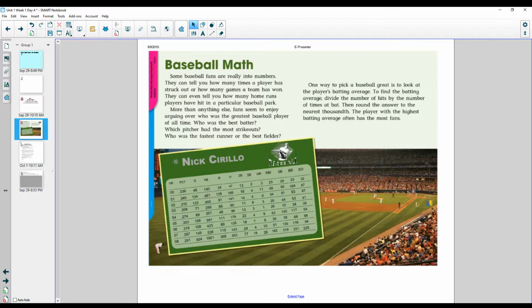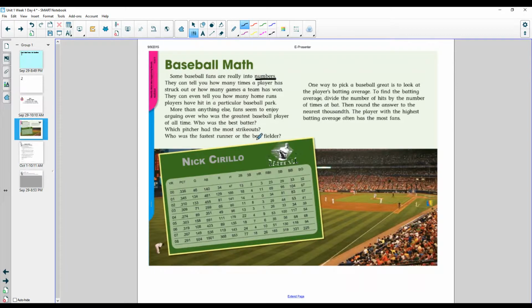All right, let's see if looking at this card and reading the text up here, we can come up with the main idea. We asked ourselves questions about the baseball card, and now that's going to help us see if we have any questions. Okay, baseball math. Some baseball fans are really into numbers.